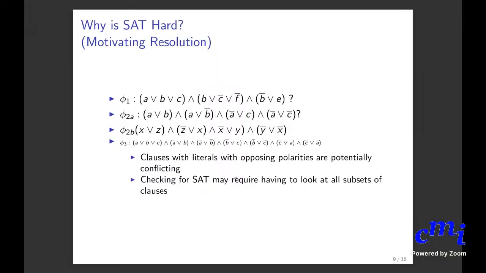The real source is that there is some circularity argument: when the clauses have literals in both positive and negative form, you may end up having to enumerate or look at all possible subsets of clauses, which is exponential in the size of the formula.